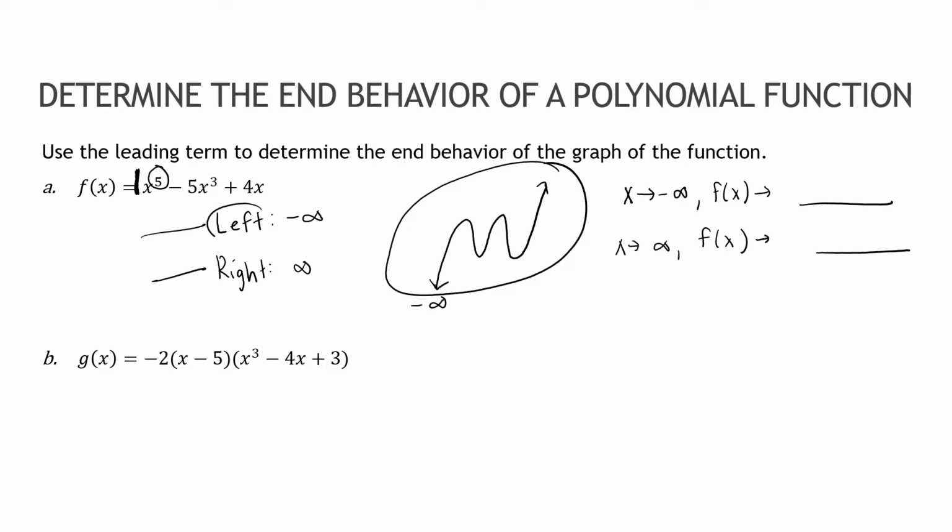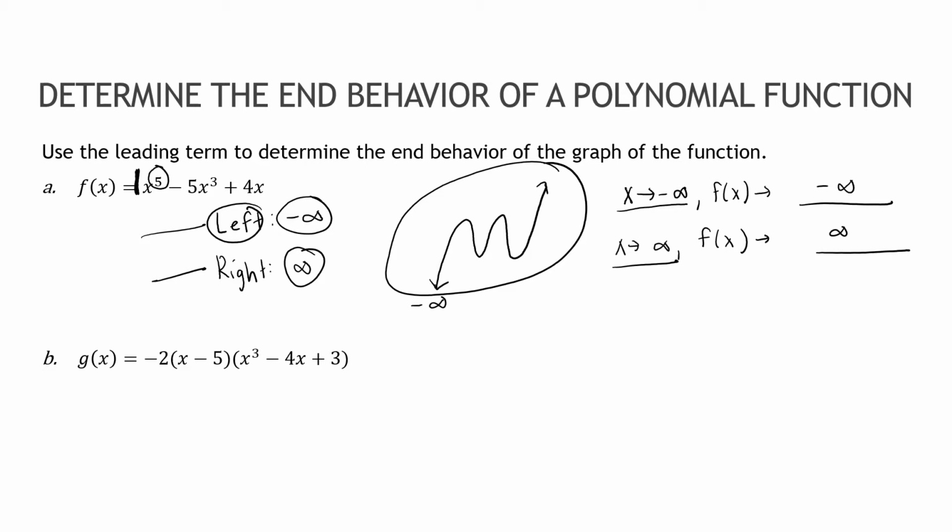As we go to the left, x is approaching negative infinity. X is getting smaller. What's happening to y? Y is approaching negative infinity. As we go to the right, x is getting bigger and bigger and bigger. As x gets bigger, what happens to y? Y goes off to infinity.